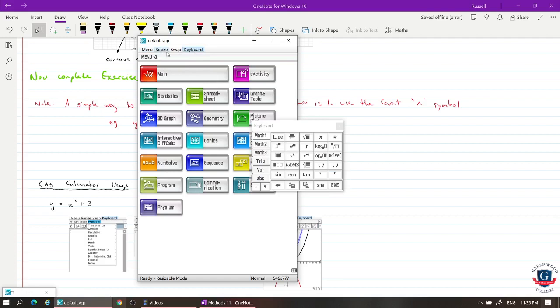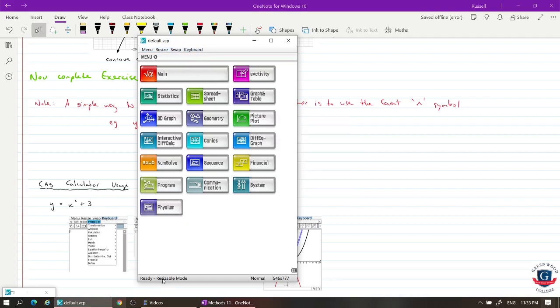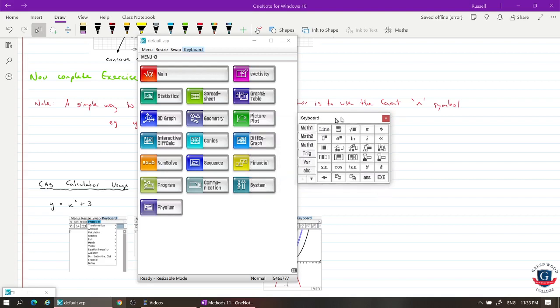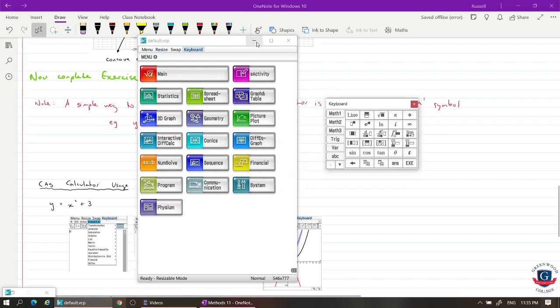Is there a caret symbol here somewhere? Anyhow, not very important.